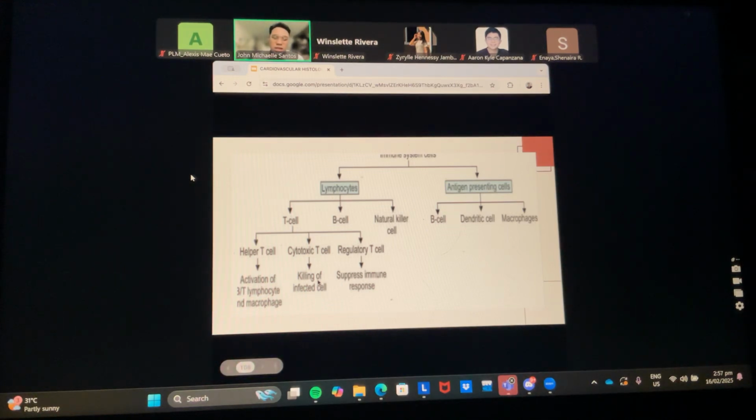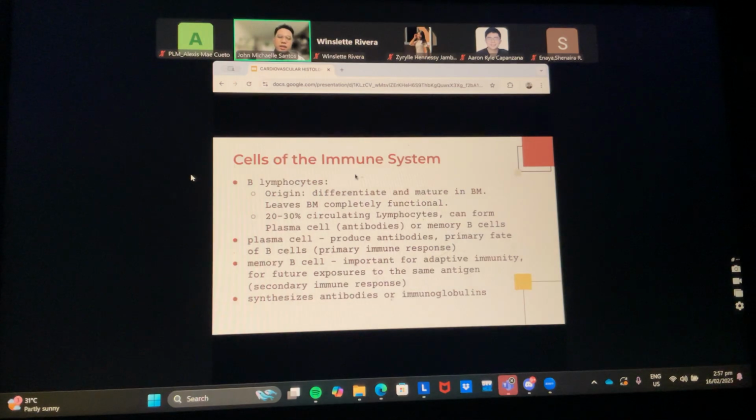Your cytotoxic T cells kill your cells, and your regulatory cells suppress now the immune system. This is for self-tolerance and for our autoimmune diseases. And then your antigen-presenting cells, you have your B cells, dendritic cells, and your macrophages.